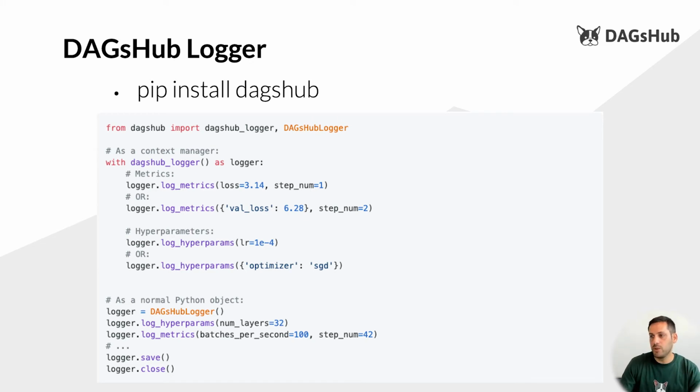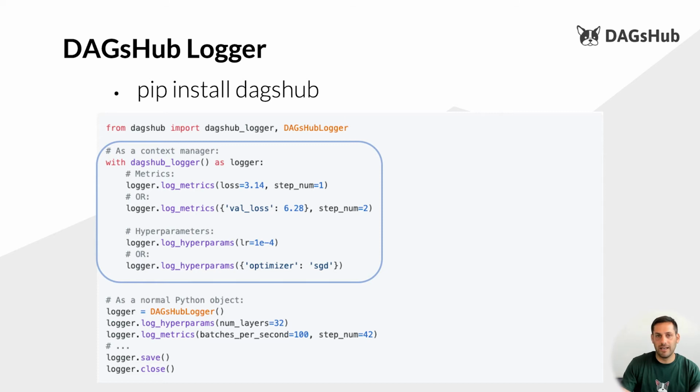And you can either use it as a context manager and log your metrics and your parameters either as single parameters or in a dictionary format, or you can use it as a normal Python object, but just make sure that you're saving it and closing it.